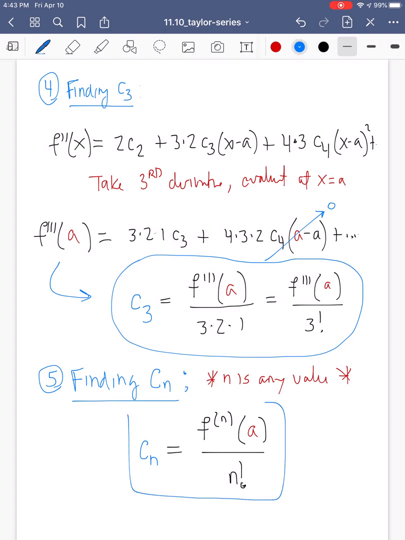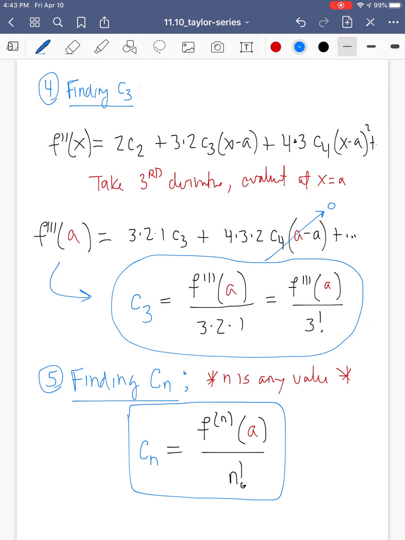So this is our general recipe for finding Taylor series, or finding the power series of any differentiable function. We take the nth derivative, evaluate at a, where we're centering our power series, divide by that n factorial, and that gives us the coefficient of the nth term.